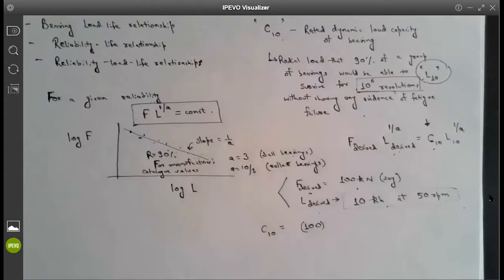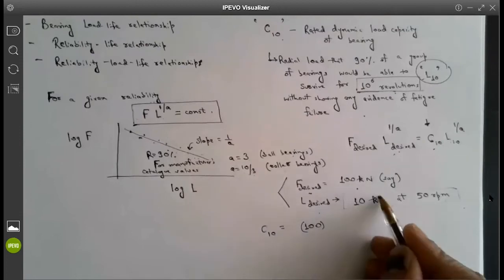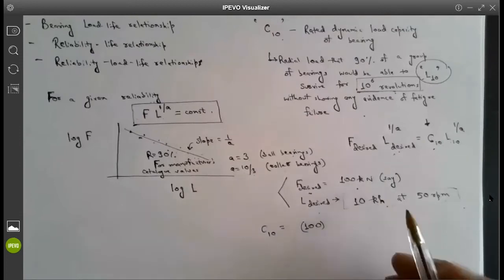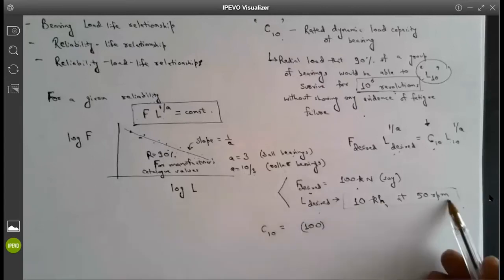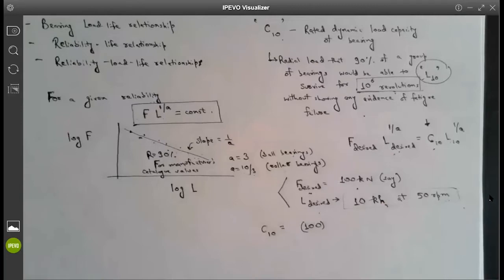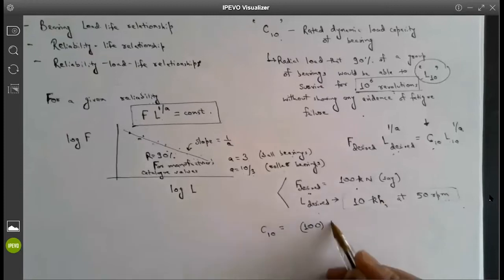That's 10 kilometers, or what is that, Professor? Kilo hours. I want my bearing to run for 10,000 hours at 50 rotations per minute. And you want to convert it to number of revolutions.